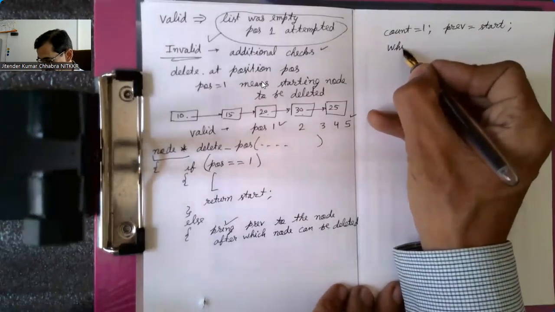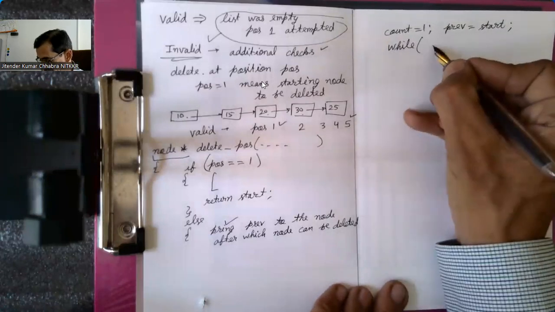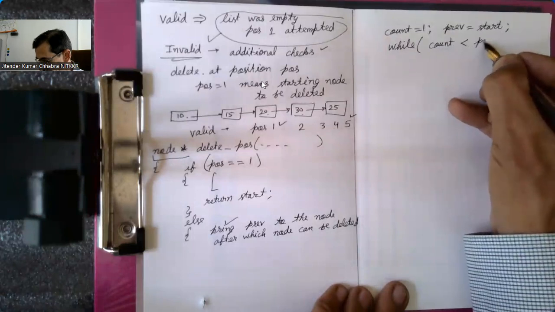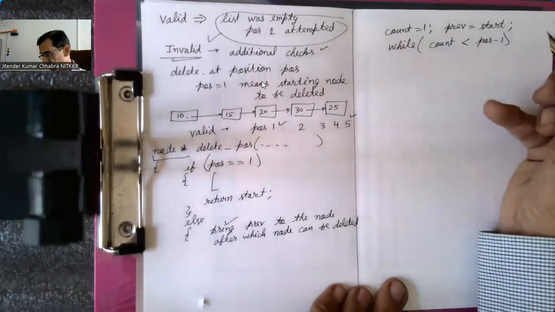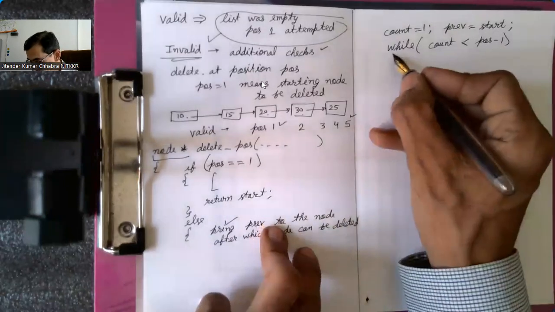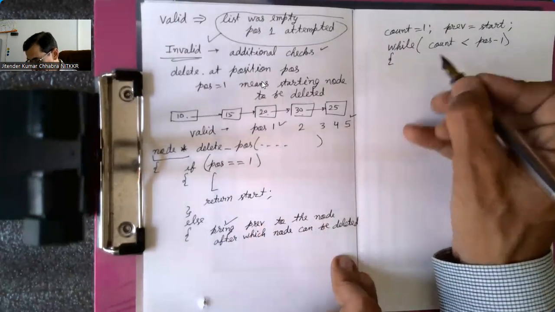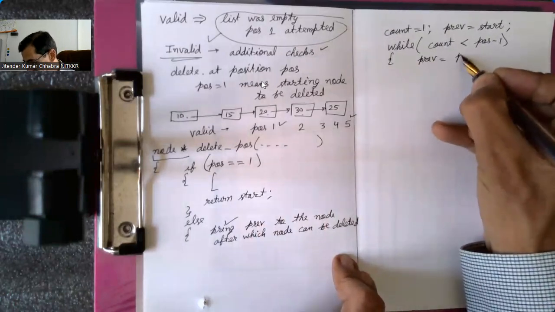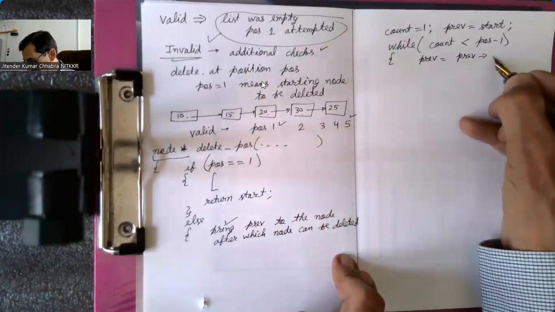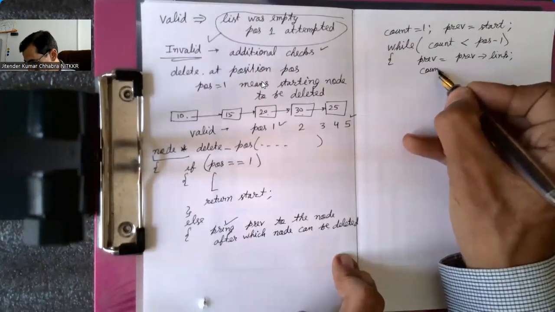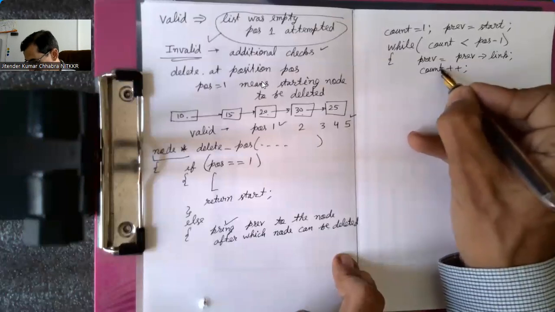So that straight away means more or less the same condition, while count less than POS minus 1. Because if POS is 2, 2 minus 1 is 1, and no shifting is needed; more than that should mean my previous pointer should be shifted. And after shifting, the count should be updated. And that's it.